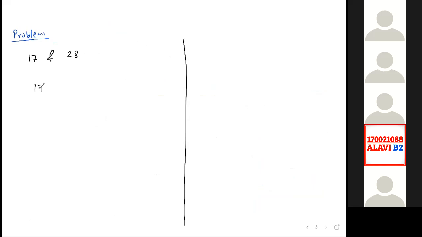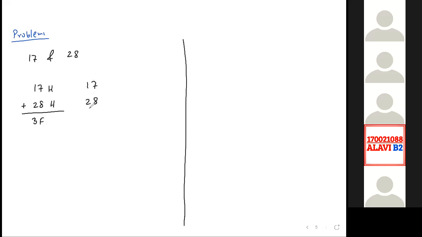So if you give these numbers as hex and add 17H plus 28H, what will be your result? 3F. Yeah, so the result will be 3FH. But the programmer intended that these numbers are BCD.